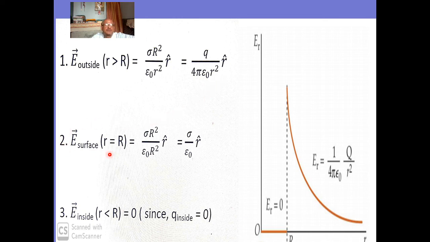Again, on the surface, the small r here is replaced by capital R, so its value is sigma by epsilon naught. If you remember the plane sheet, it resembles one of them, so try to find out which case. The electric field inside is 0 because the charge inside is 0, and this is the graph.